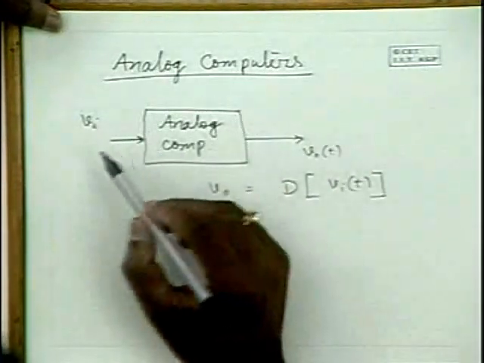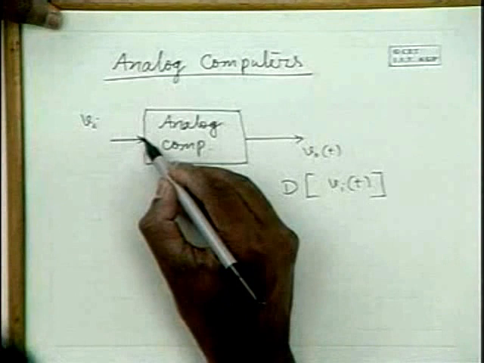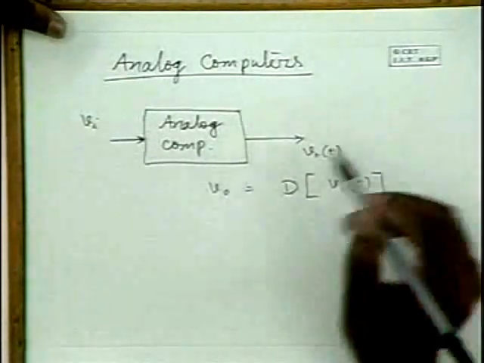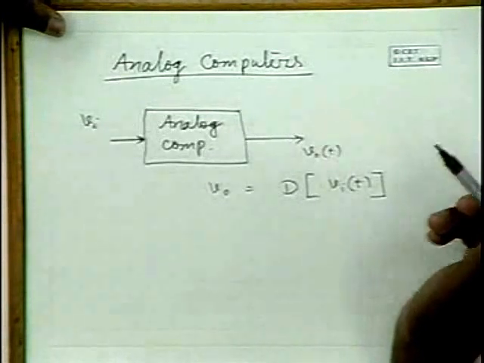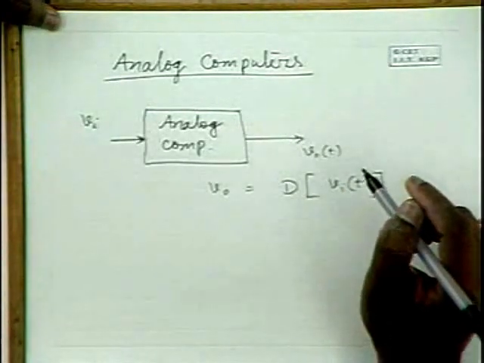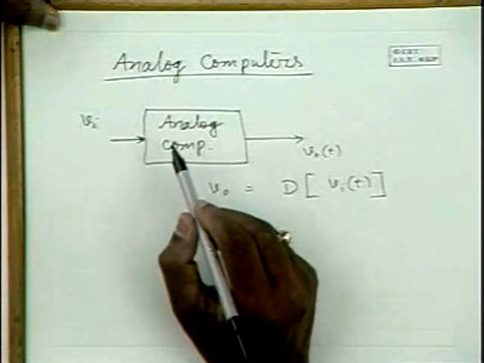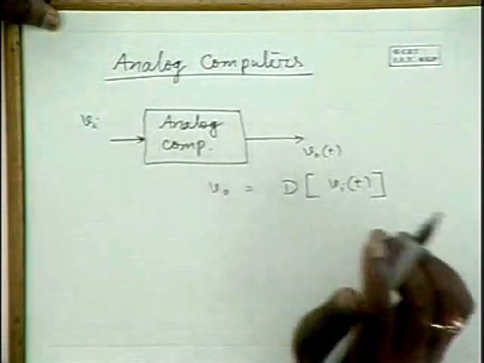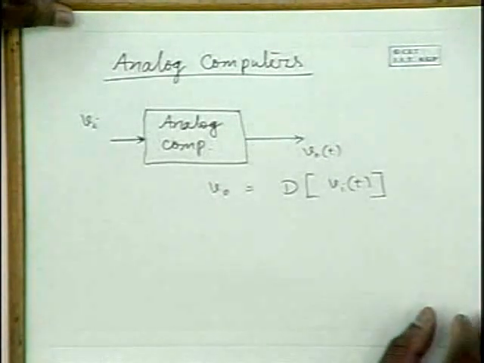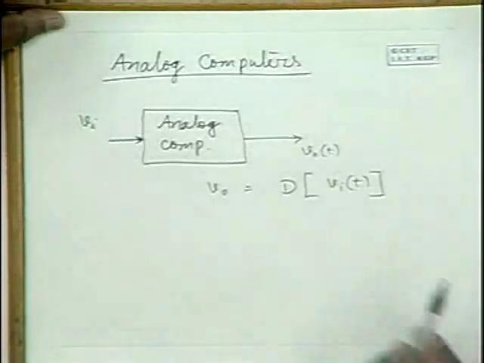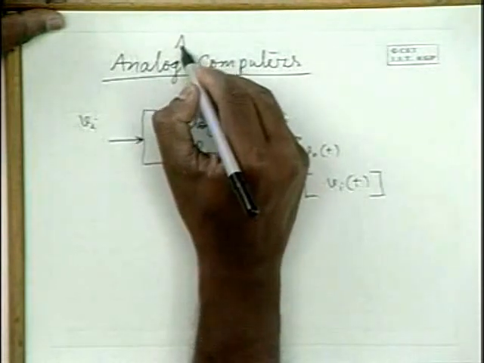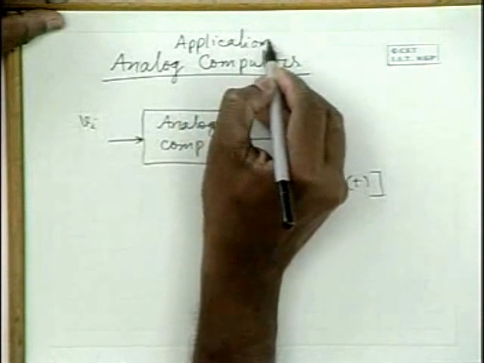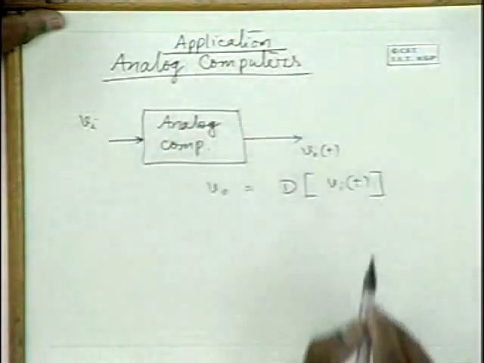That means by applying some input, we can find out what the output is, the solution. Hence, differential equations can be solved in real time. That is with analog signals, continuous time signals, not digital signals. So that's what is known as an analog computer application. I'm now discussing applications, where I already discussed analog computation.